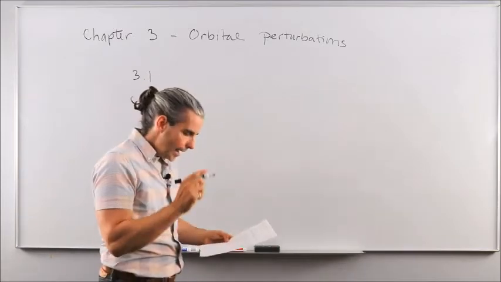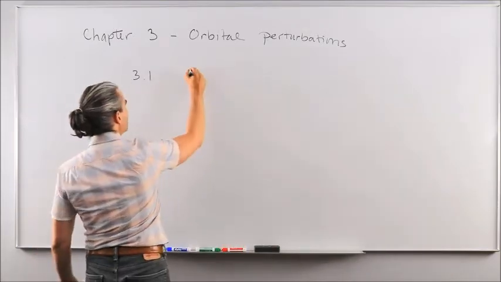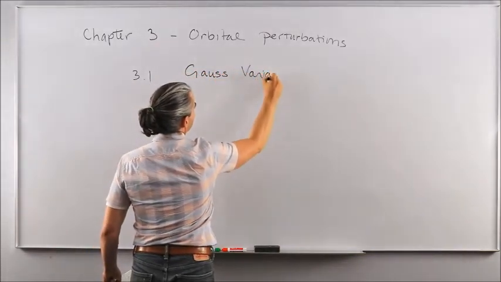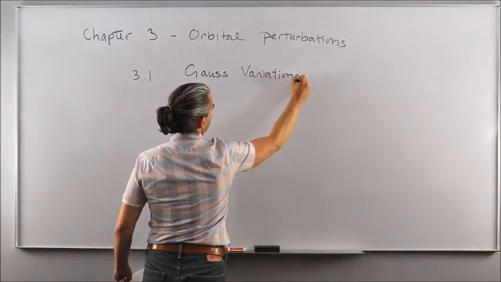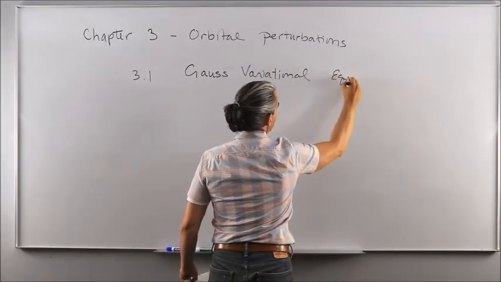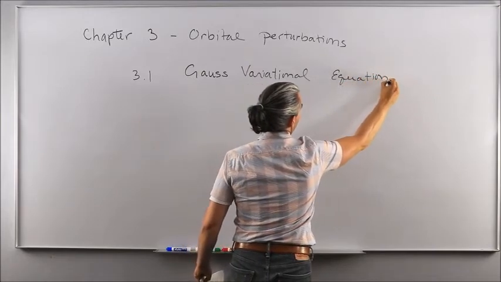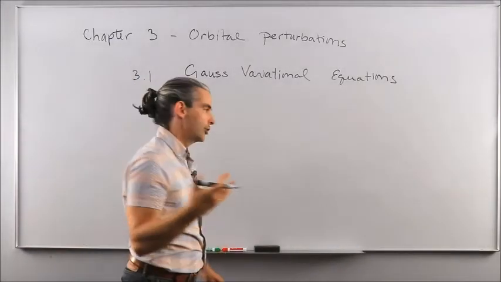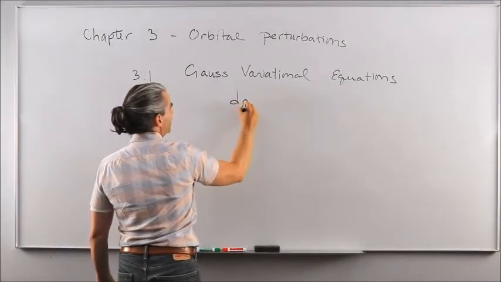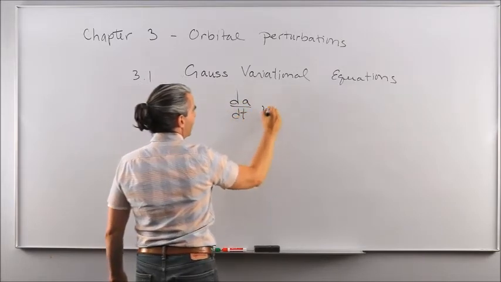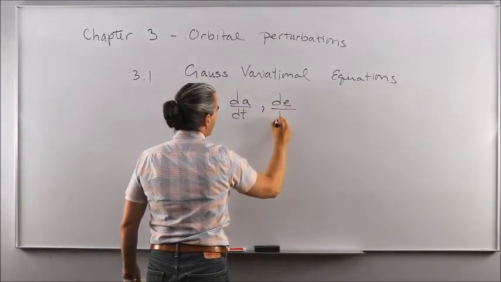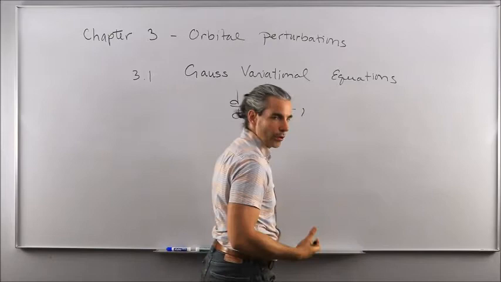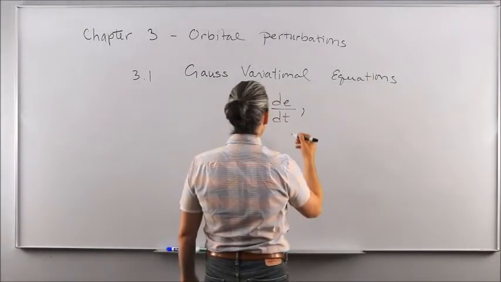And the tool that will allow us to do so is known as the Gauss Variational Equations. The Gauss Variational Equations are a set of 5 equations that will allow us to predict the rate of change in our orbital elements, which are no longer constant because we are now considering the effects of natural perturbations on the spacecraft.